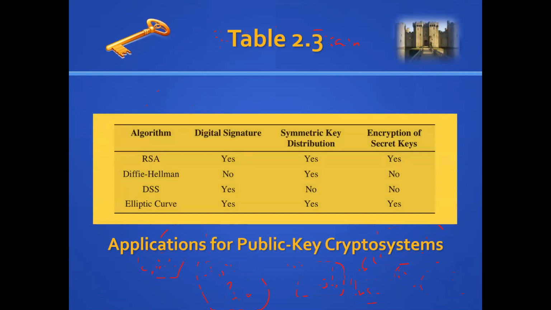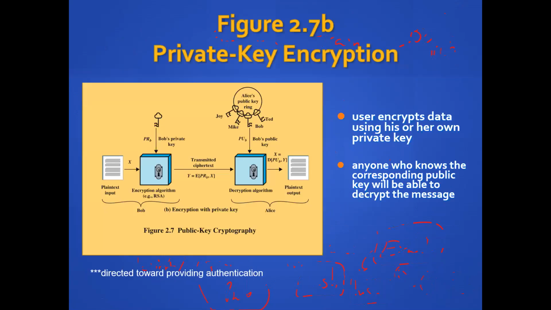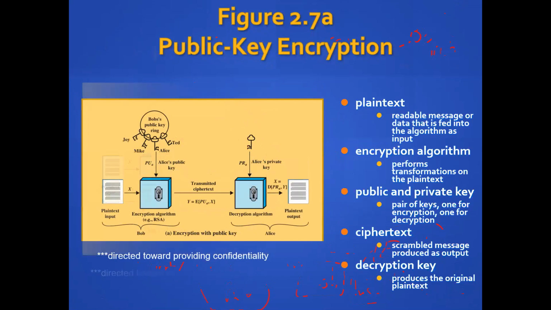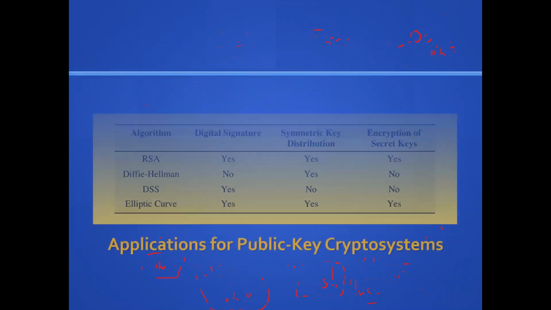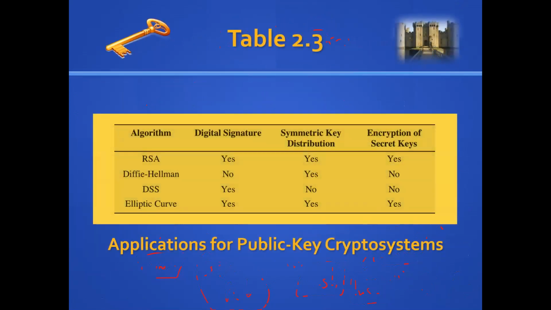So we talked a little bit about that before, right? We talked about some asymmetric for confidentiality and authentication. Now we're going to proceed just a little bit to look at a little bit more of the details. Applications of public key crypto systems. As you can see there, RSA is not the only one.